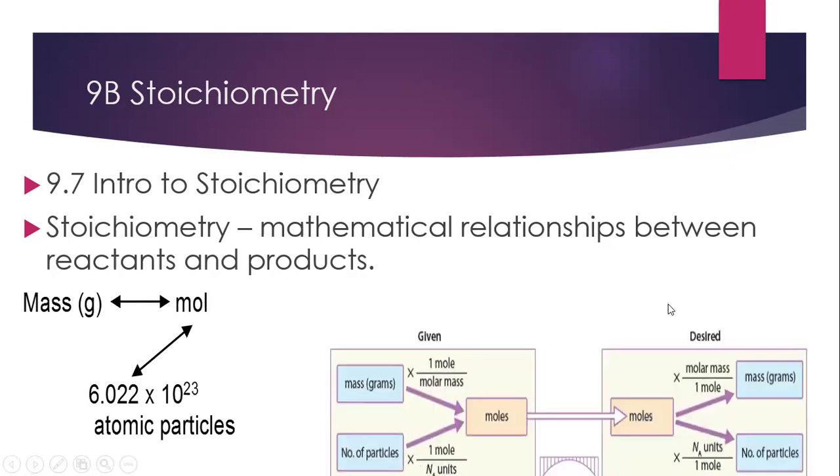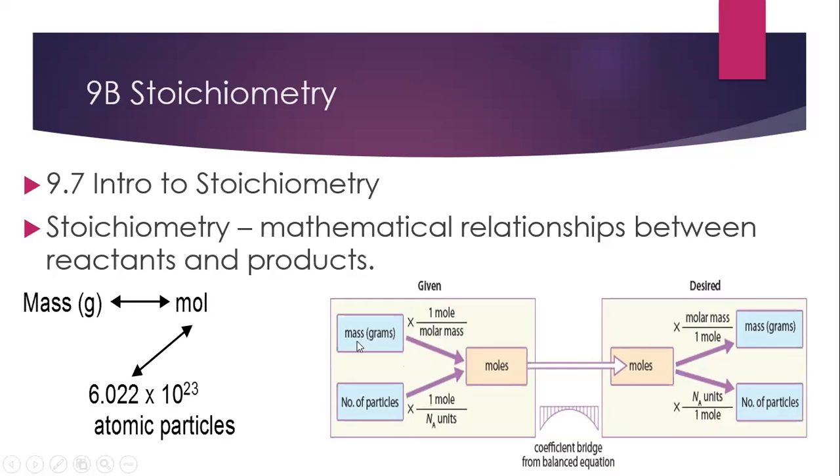This time we're going to have two sides. We're going from mass to moles, and then crossing the bridge to another mole and going to mass, or Avogadro's number, 6.022 times 10 to the 23rd. So these are two different substances. If your problem tells you about two different substances, then we need to cross over this bridge, and we'll go over some problems.